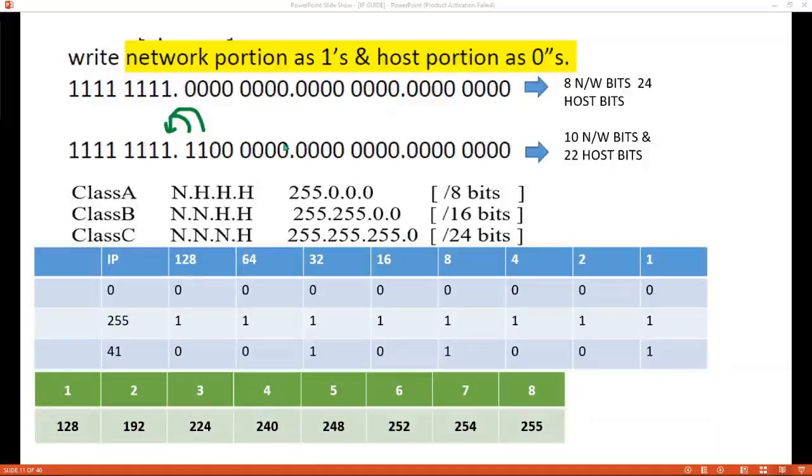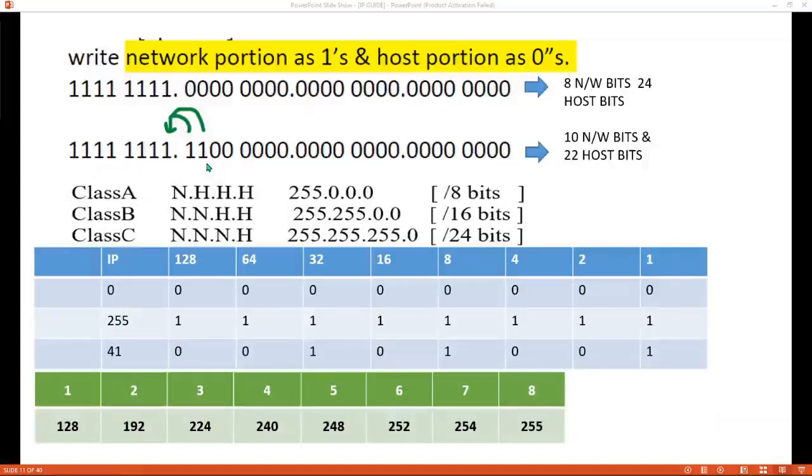So here in our example, let's say I consider this /10. Here I can see that from the second octet, I have taken 2 host bits into the network portion, right? So I have borrowed 2 bits in the second octet. So what I am going to fill is, for the first octet, 255 dot.